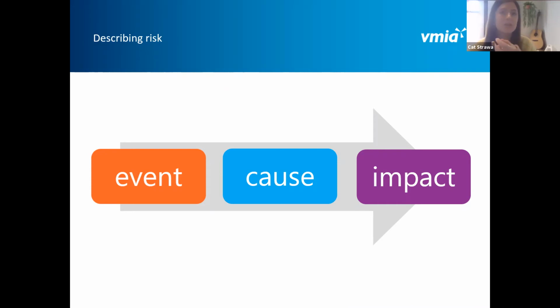But there are common methods and sources around routine audits, incident reports, family and staff complaints, root cause analysis. While we go through this, try to think about how risks are identified in your organisation and whether there may be any gaps in the policies and processes that you have for identifying risks as well.